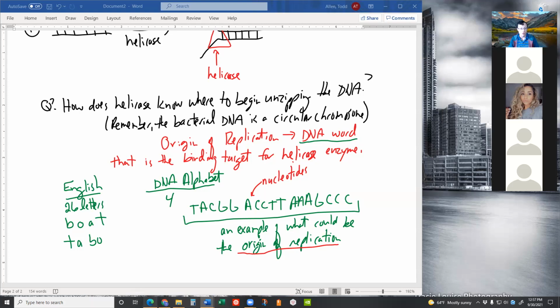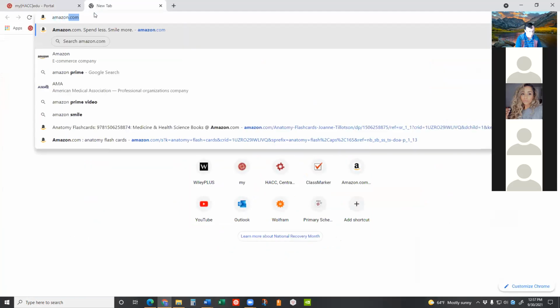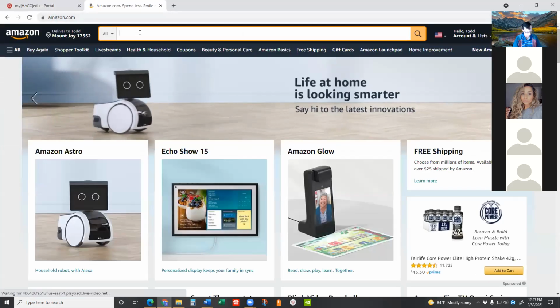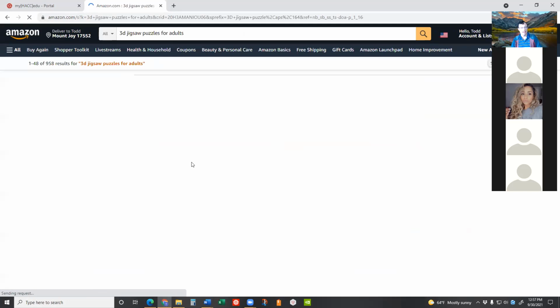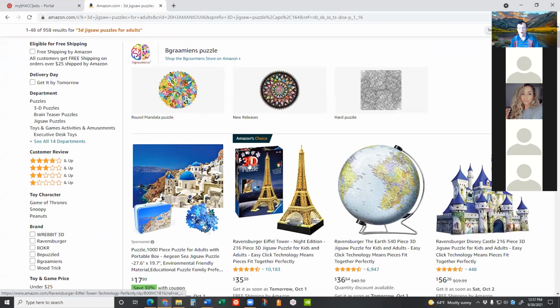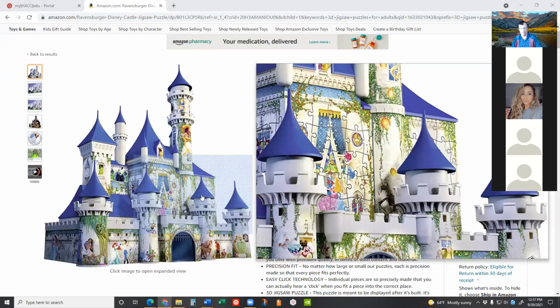A three-dimensional jigsaw puzzle. Let's just do a quick Amazon search here. They actually sell these kinds of things, and depending on how geeky you are, you might like to make one of these things. Here's a Disney castle that you can build in 3 dimensions.